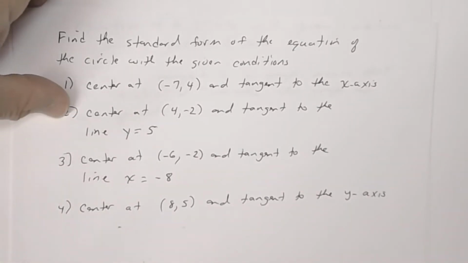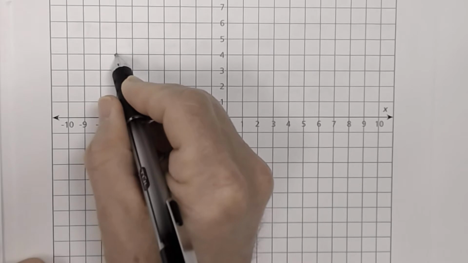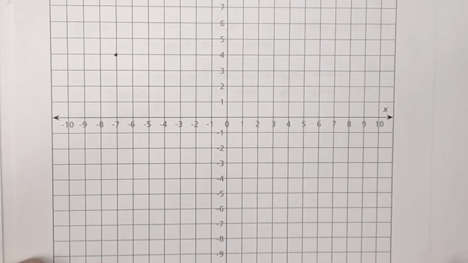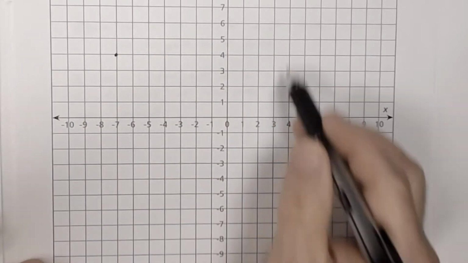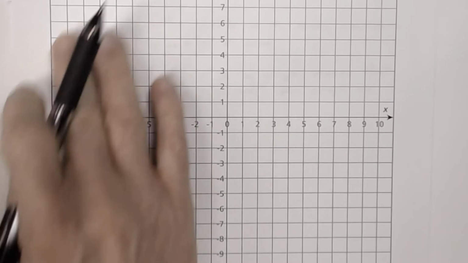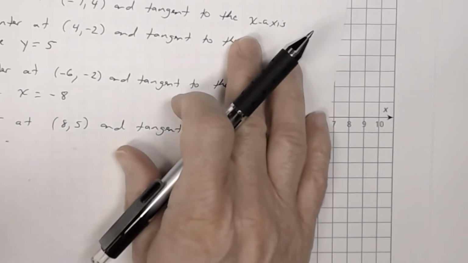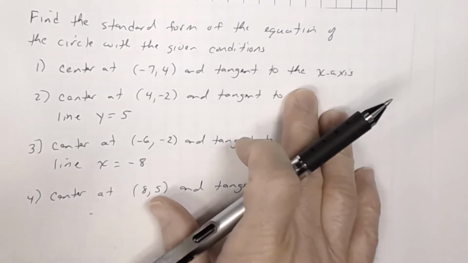The center is at -7, 4, right here. You're not told anything about the radius. You're just told that whatever your circle is, it's tangent to the x-axis. Okay, so this is number 1.